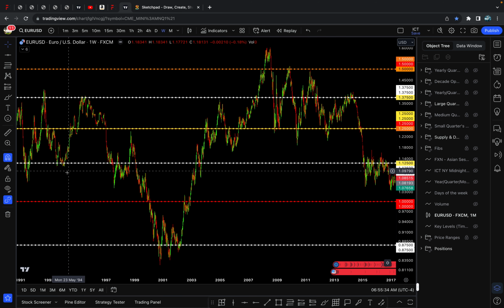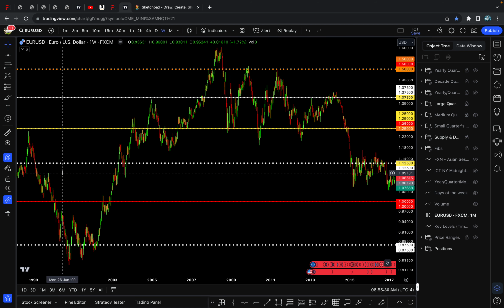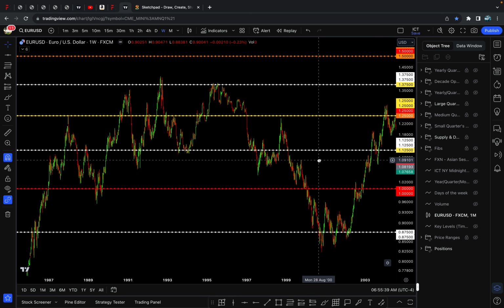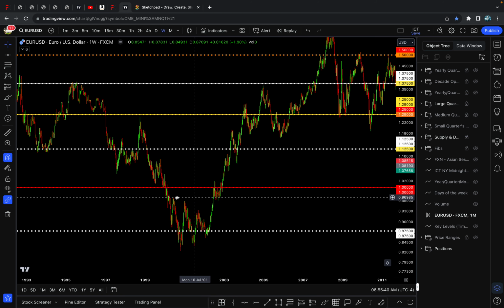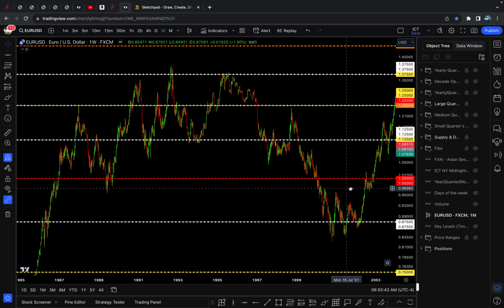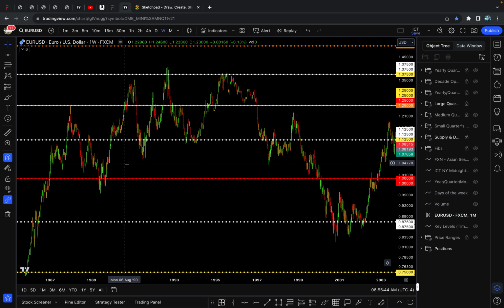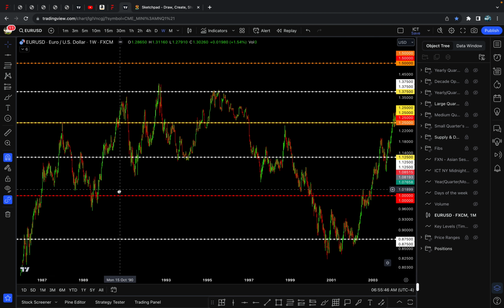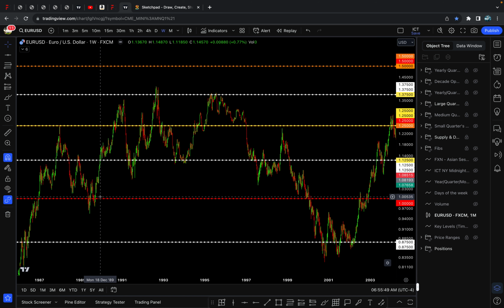Obviously, for example, let's look back here. So price comes up, bounces off of this true 100,000 level, and then goes up, consolidates at this, I don't even really know what to call that.